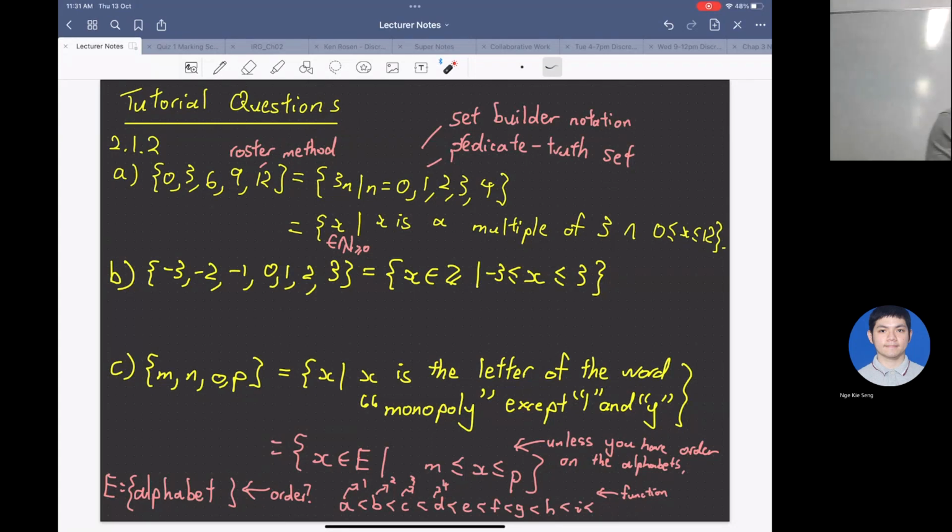So you're given the roster method to list out the set elements, but you are asked to give the set builder notation. One way you can do it is you notice that it's a multiple of 3, and it's in between 0 and 12, or you can take n to be 0 to 4.